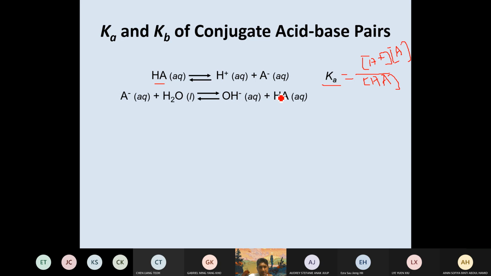But when this A is hydrolyzed again in the presence of water, it is a base now because it is taking hydrogen from the water. So it should have a Kb, and the expression of Kb is written in a similar way. Only water is not considered, because the water concentration is almost constant.